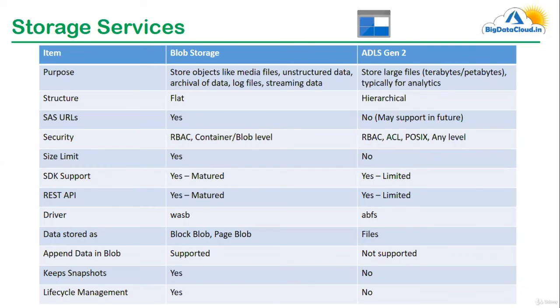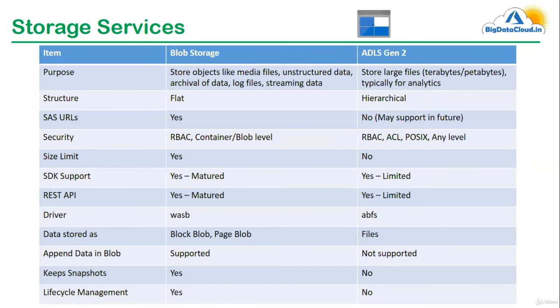ADLS Gen 2 stores all the data in file format. Append data in blob: you can append to an existing blob, in other words, files on the blob storage, which is not supported in ADLS Gen 2.